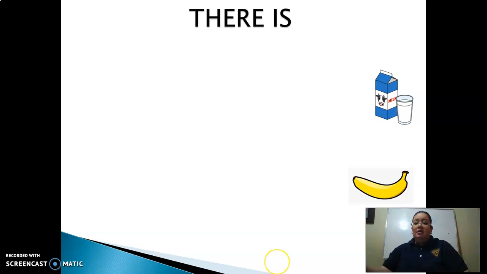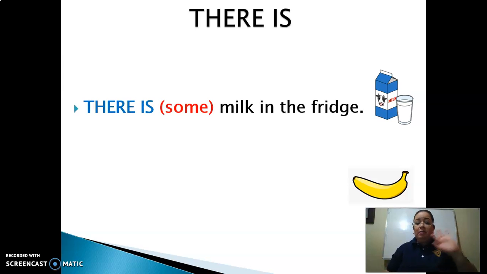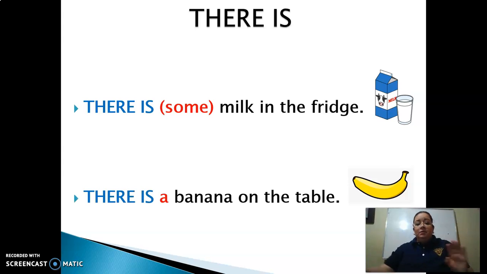Well, now that we saw the countable and the non-countable, we are going to go with our grammar part. That one was a quick review. And we have this. There is some milk in the fridge. There is. The some is between parentheses because it's optional.